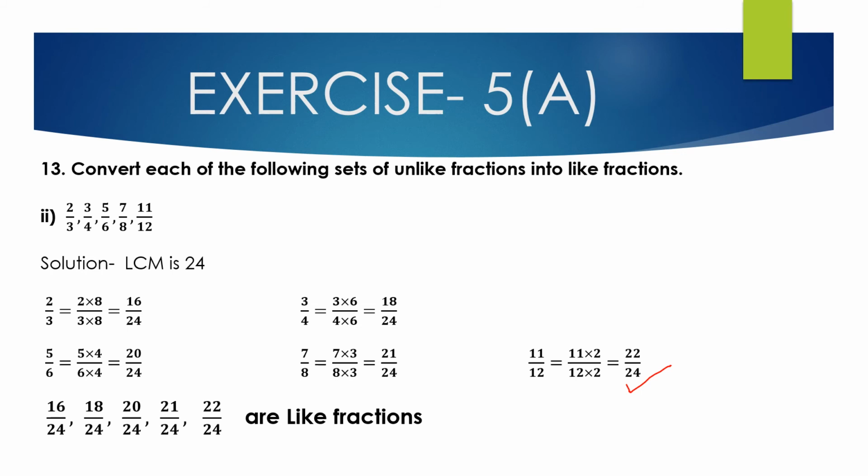Then we get the equivalent fractions, and these are the like fractions of those unlike fractions. This is the rule for converting unlike fractions into like fractions.